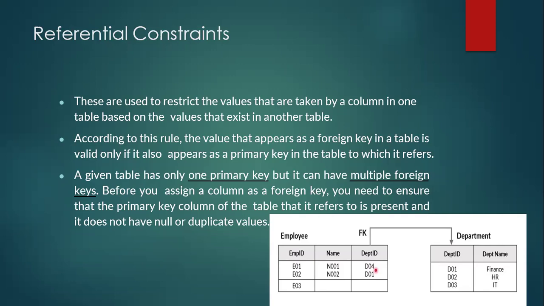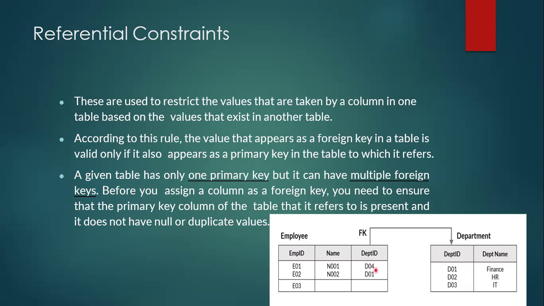Basically, we use a foreign key to define the relationship between two tables. Like yesterday we discussed the types of relationship. Those relationships can be defined with the help of primary and foreign keys. We have a department table with a column department ID, which I'm defining as the primary key column.